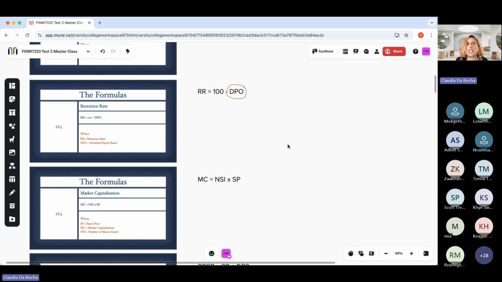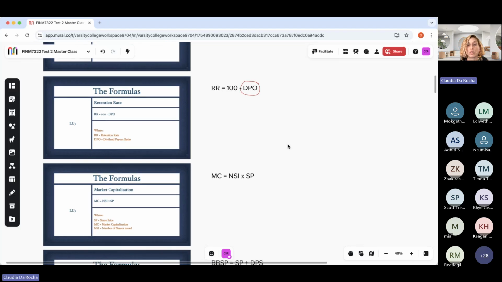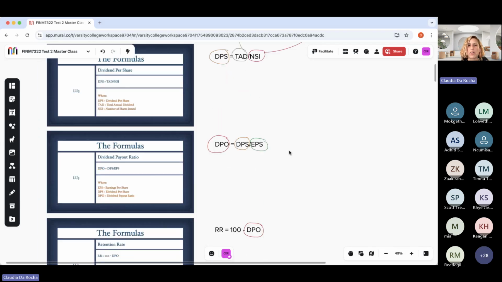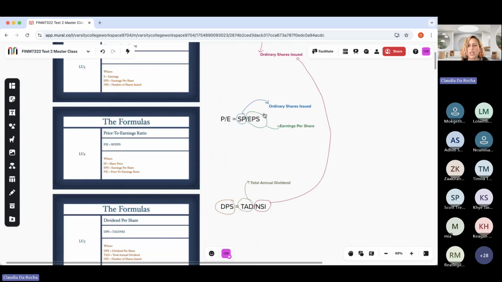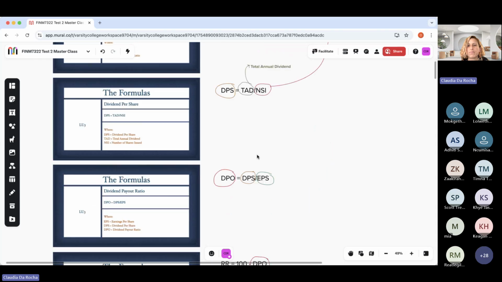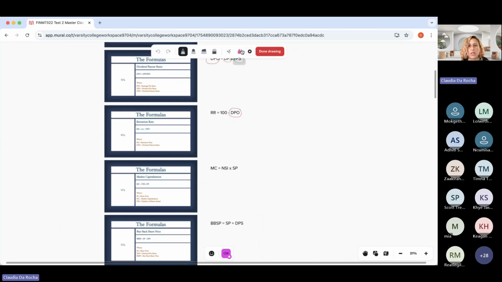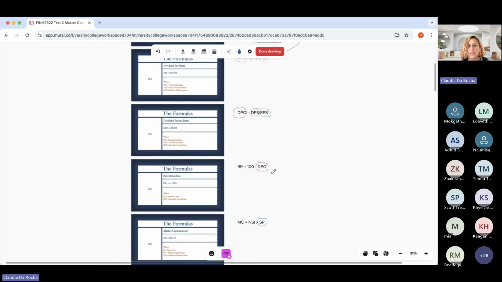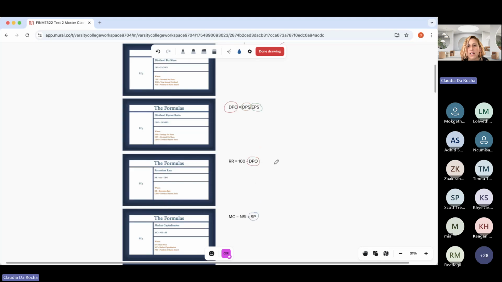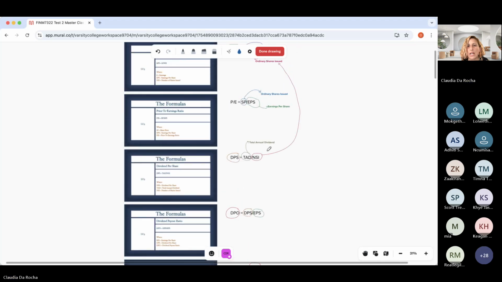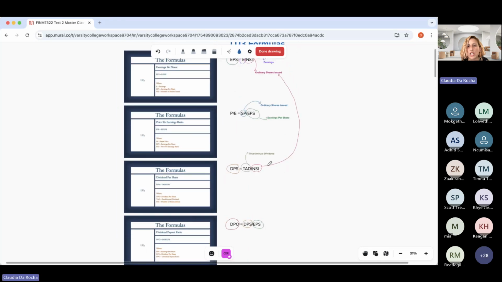So market capitalization is another way of saying market value of your shares. Literally, that's what it is. And again, we have similar elements. We've got our share price again. We have our NSI, which is our ordinary shares issued again.